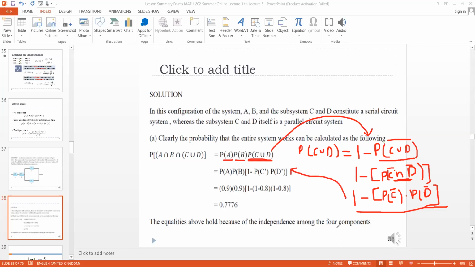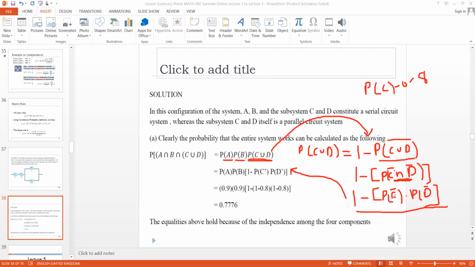Now we know that the reliability of C was 0.8. The reliability of C was 0.8.